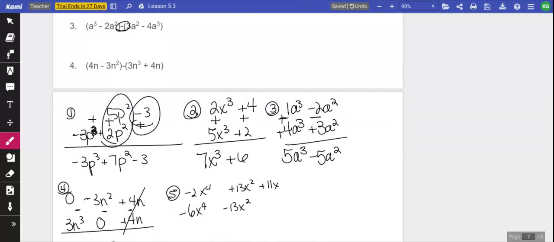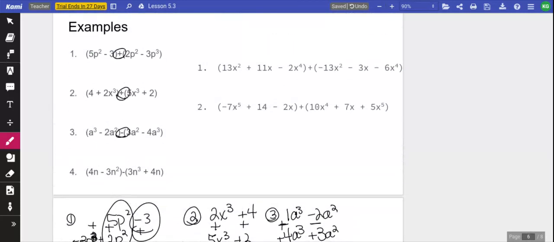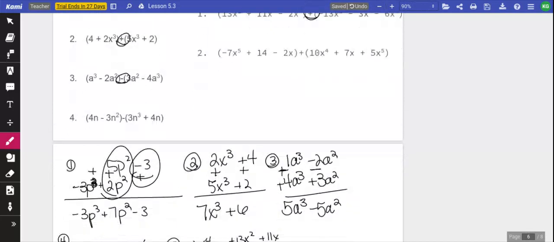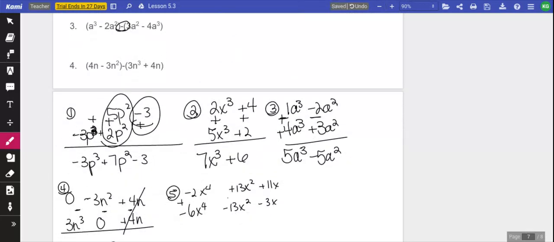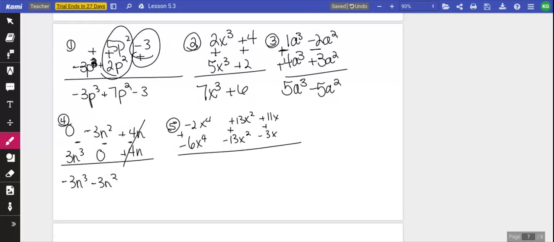And the negative 3x will go under the 11. And these are being added. So negative 2 plus negative 6 is negative 8. 13 plus negative 13 crosses out. And 11 plus negative 3 is positive 8.